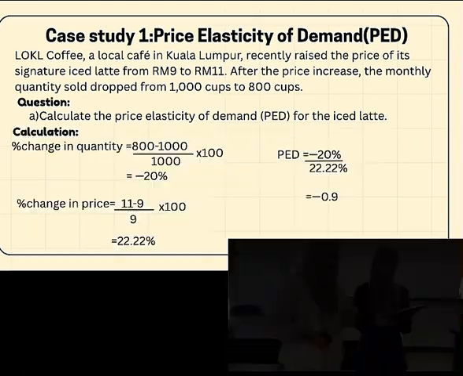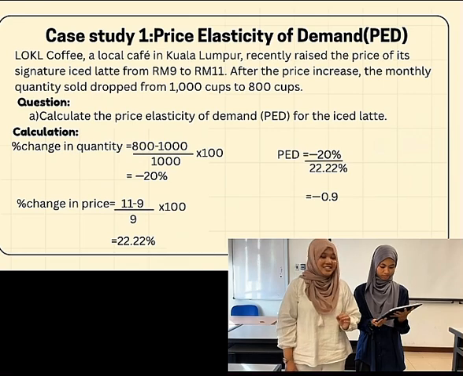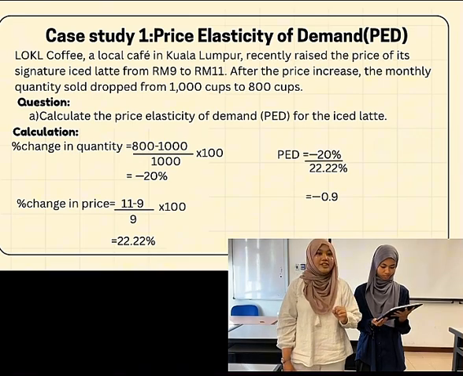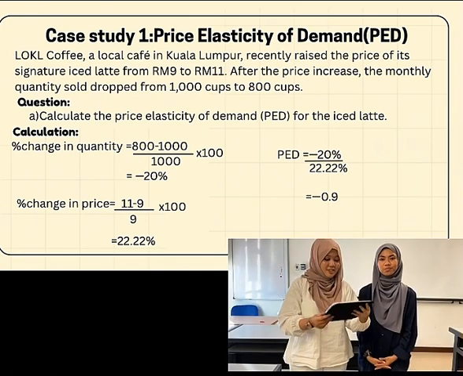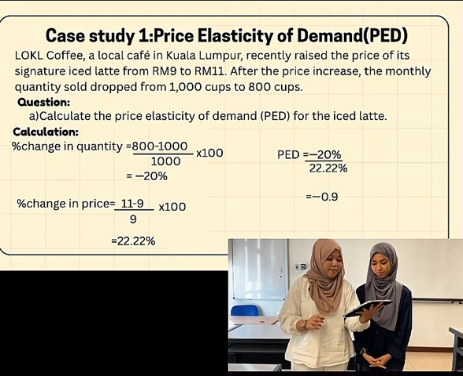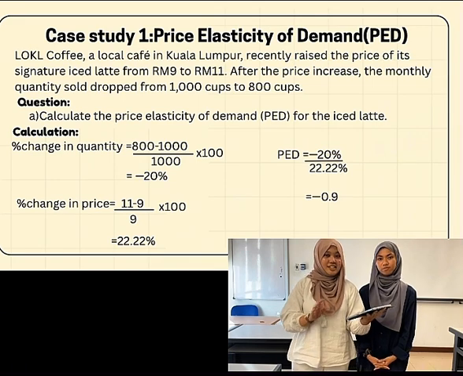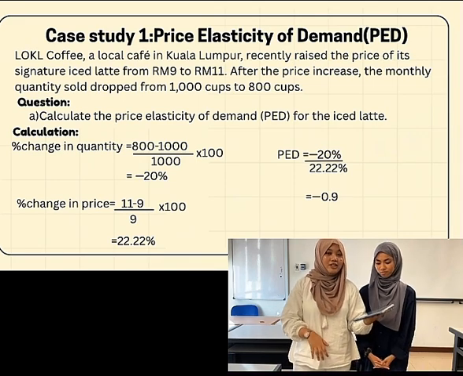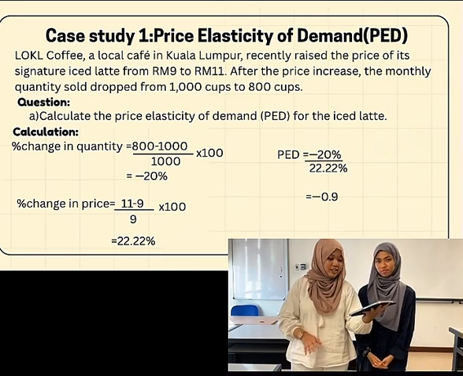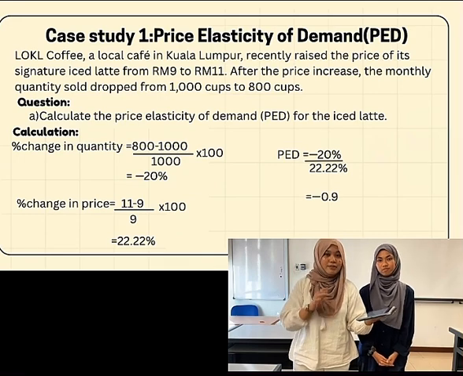Next, A, calculate the price elasticity of demand PED for the ice latte. The calculation is percent change in quantity: 800 minus 1000 divided by 1000, times 100, so you will get negative 20%.